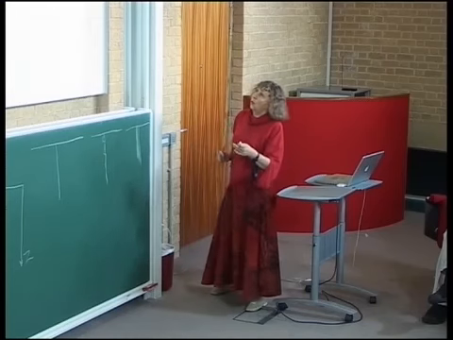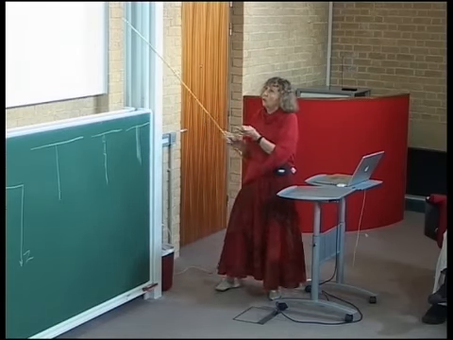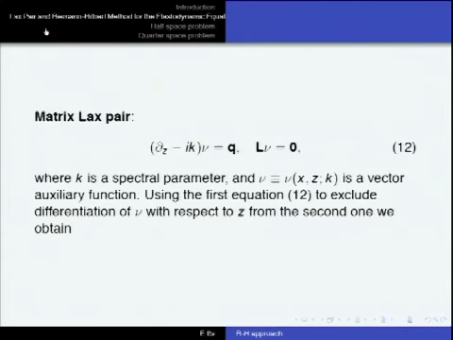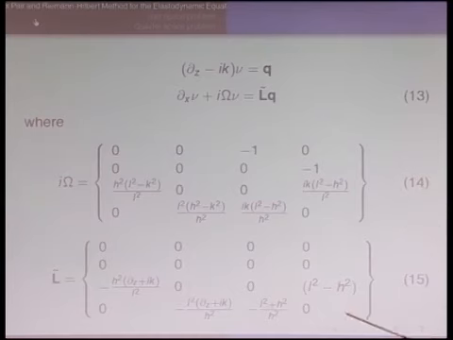And then we start working with this Lax pair, using the first equation to get rid of the derivatives with respect to this, substituting into the second. We come up with the representation for the Lax pair, which already reminds, I hope, the Lax pair in Thanasis' scheme.